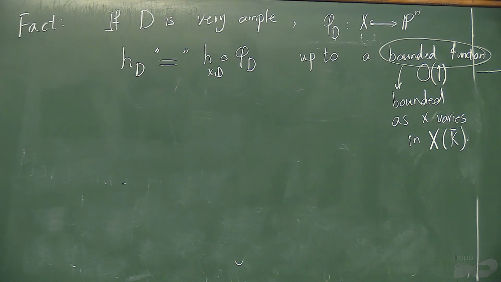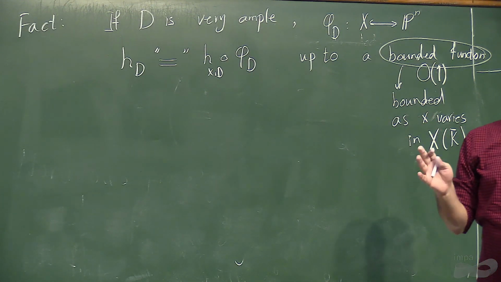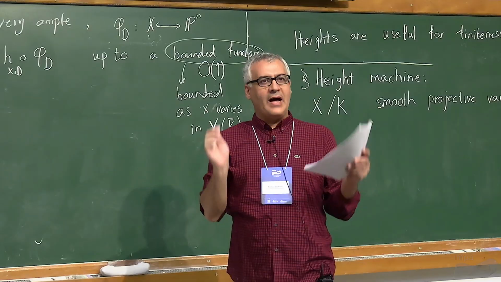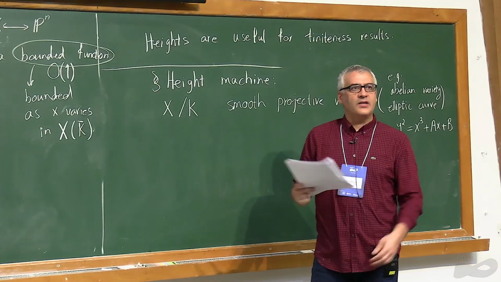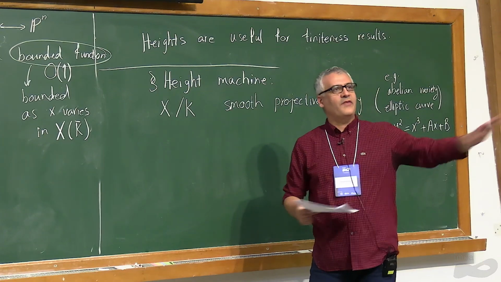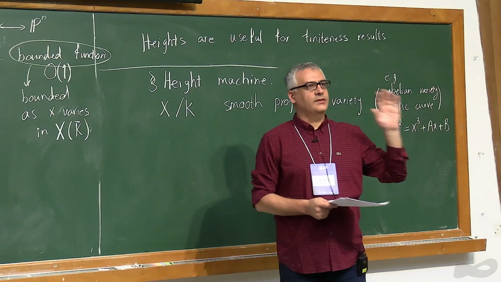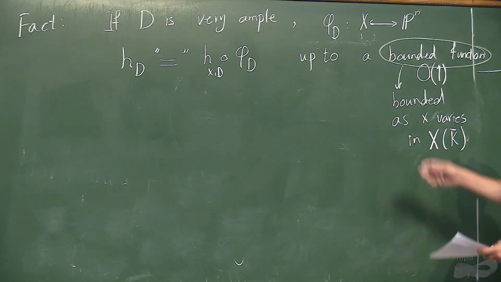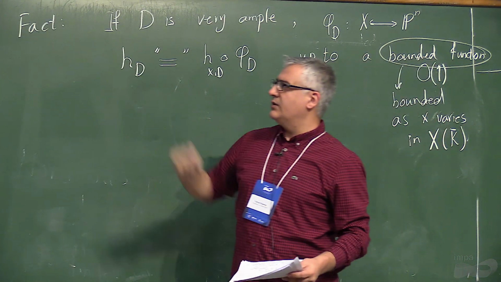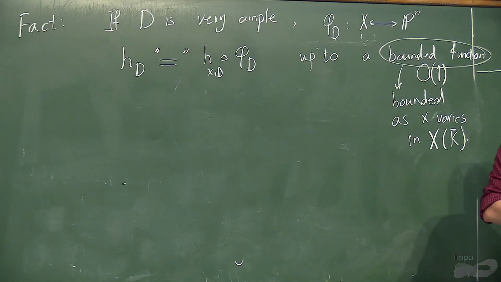Which ends up translating into the fact that that definition is only well defined up to a bounded constant. Again, bounded means as you move your points. It depends on all sorts of things, but as you move in the space, the difference between the two functions cannot explode. It remains bounded in a precise way that I'm talking about. And then there are other things maybe I don't write, but if D1 is equivalent to D2 or line bundles are isomorphic, the functions are essentially again the same up to a bounded function.